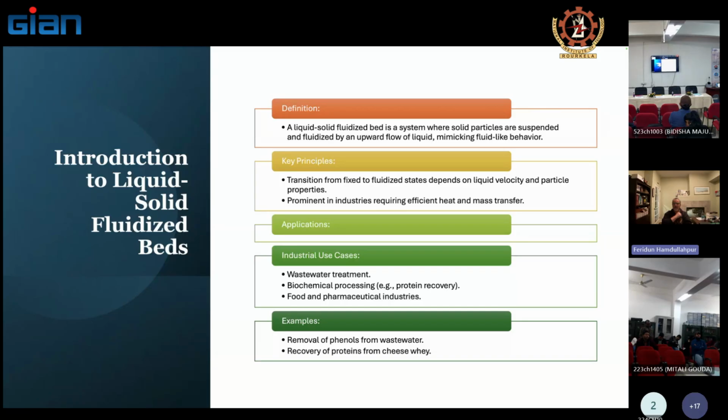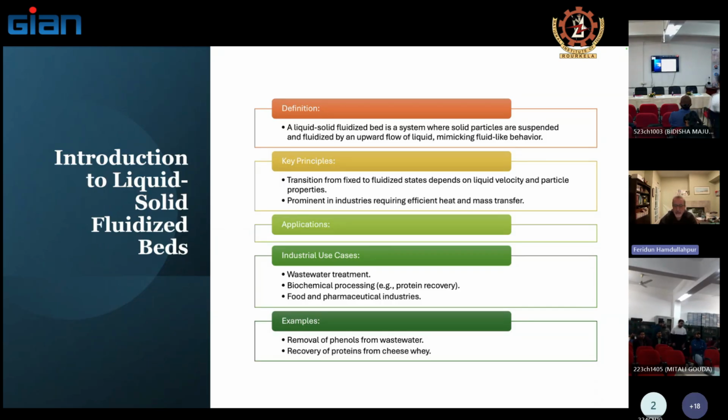And of course, food and pharmaceutical industries, where you have to have a very good mixing environment of liquid and particulates. So for those kinds of applications, liquid-solid fluidization is ideal.